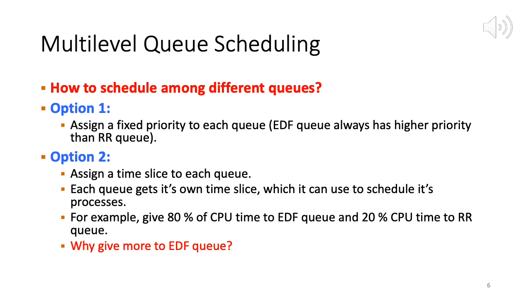And you execute a batch process only when the real time, the system and the interactive queues are empty. So that's one way to go. What we have done here is assign a fixed priority to each queue. Only when the highest priority queue is empty, we execute the other one.